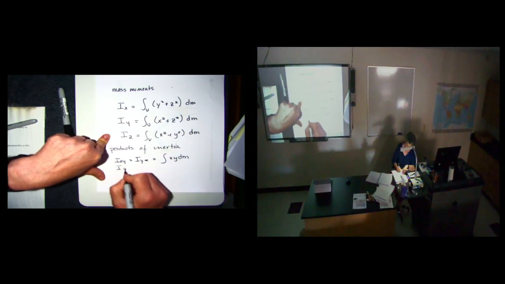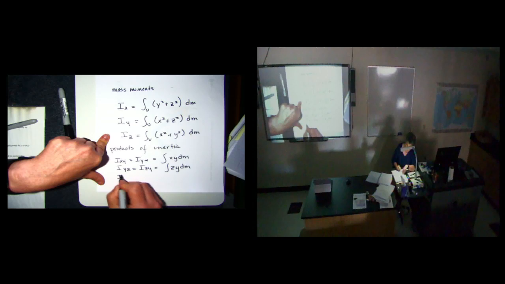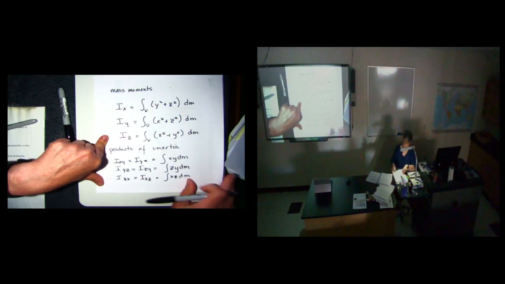And I'm going to do the same thing for the other two. And then our tensor just becomes this.